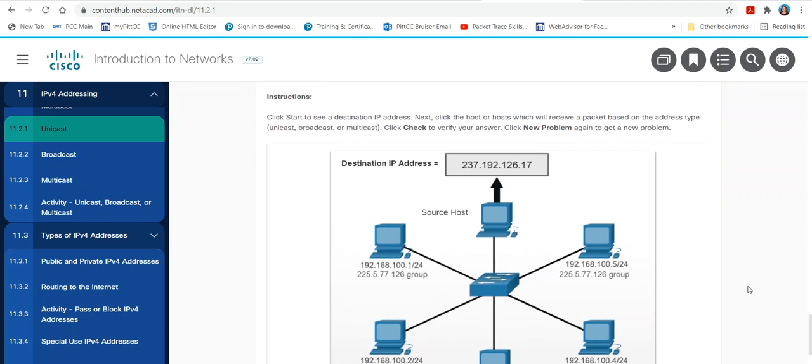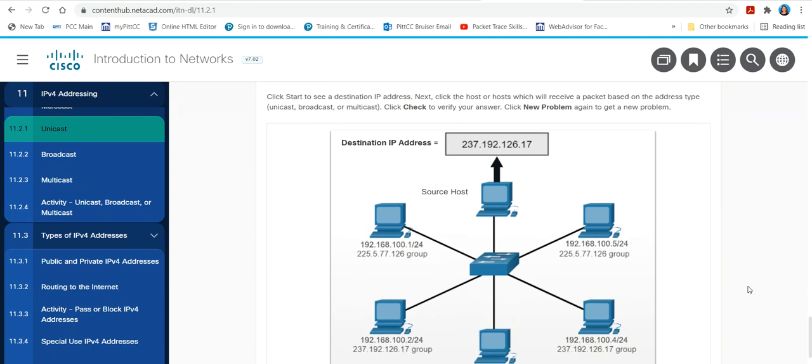Well, if we remember the rules here, the numbers in the different classes of address are up to 127 for a class A, then 128 to 191 for a class B, then 192 to 223 for a class C, and then 224 to 239 for the multicast.